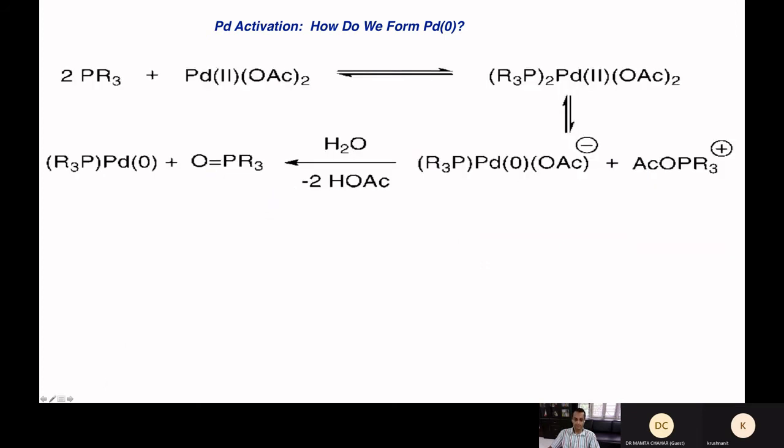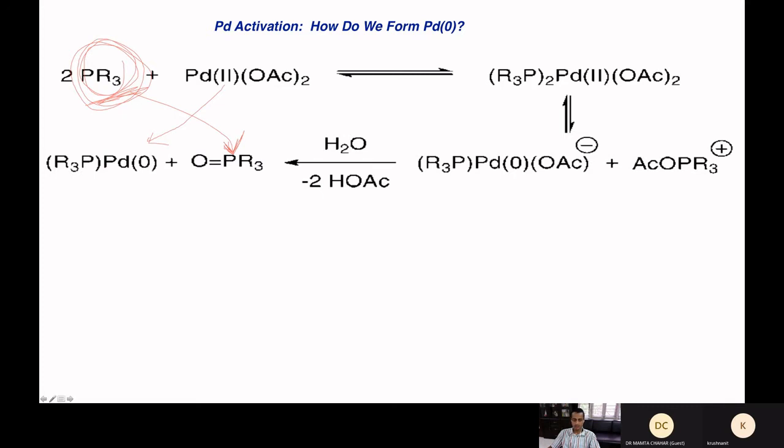What we have seen, for example, in the case of the phosphine ligand, which is the very expensive ligand that we want to use, is that the ligand gets oxidized to phosphine oxide. But it's not that all the ligand is getting oxidized, only a little bit of the ligand that we are adding is oxidized to phosphine oxide, and the palladium 2 generates palladium 0.